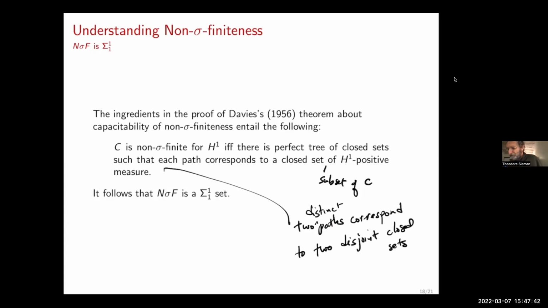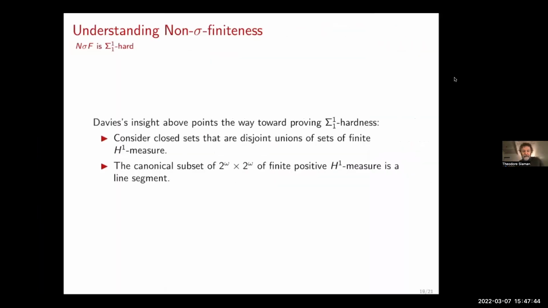So now the other part of proving that not sigma finite is Σ^1_1 complete is showing that it's complete, and there this ability to take a set and decompose it into uncountably many sets of positive measure.